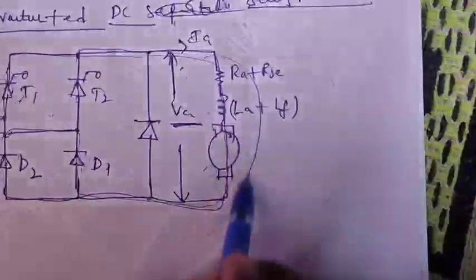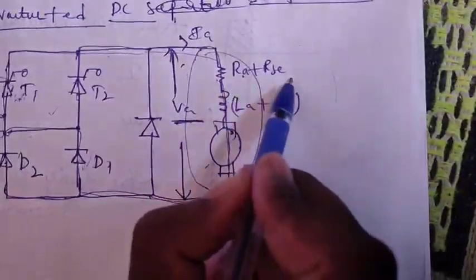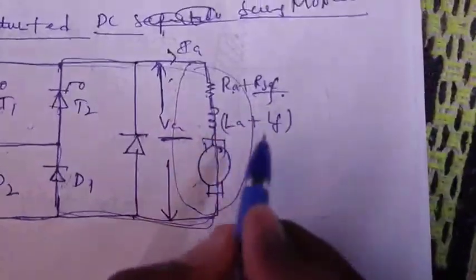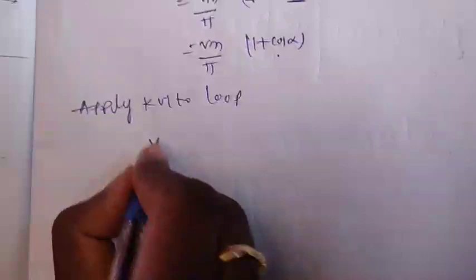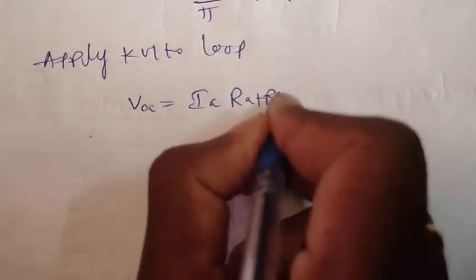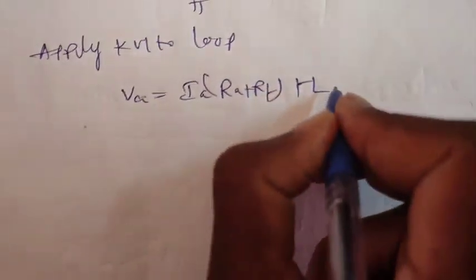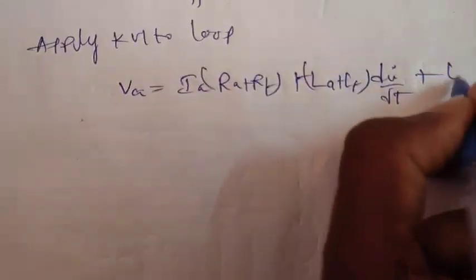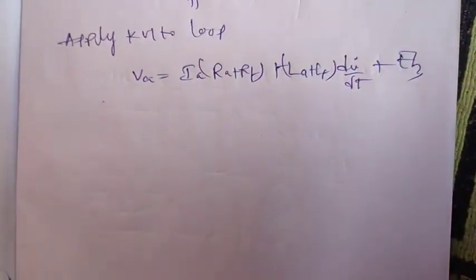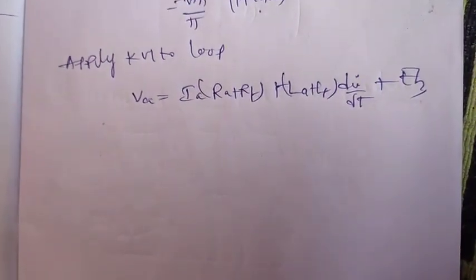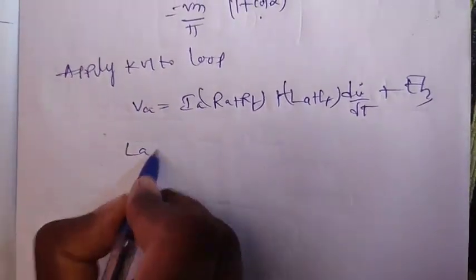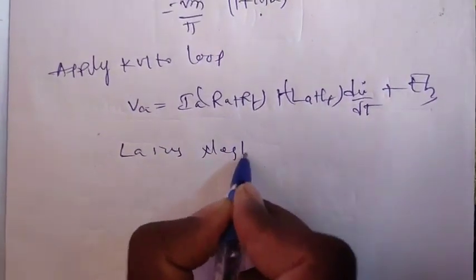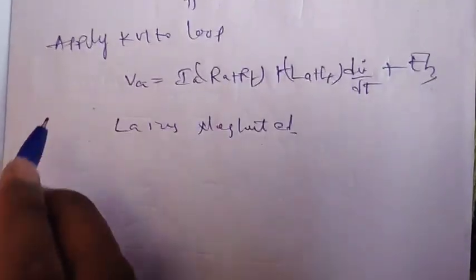VA equal to the drop in all, that is I into RA plus RF, the armature and field resistance, plus inductance LA plus LF di by dt, plus back EMF EB. Here the LA value is neglected.